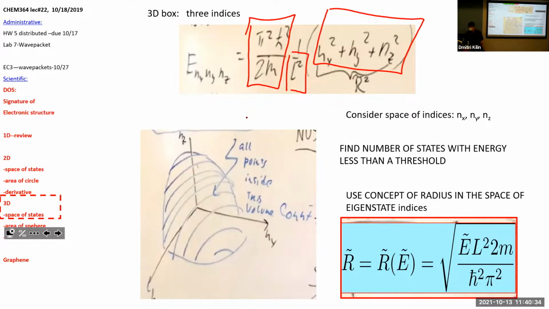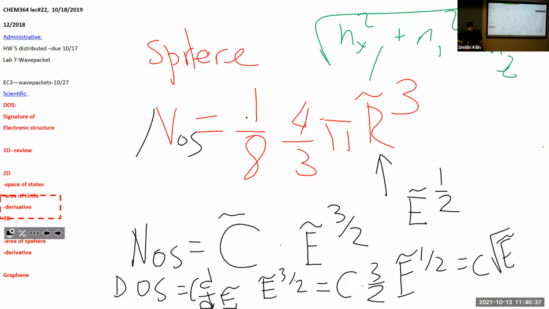So if I am super lazy and I don't care about constants, the only thing I should worry about is the power of the independent variable. So the radius is energy to the power 1/2, and then it comes to the power 3.